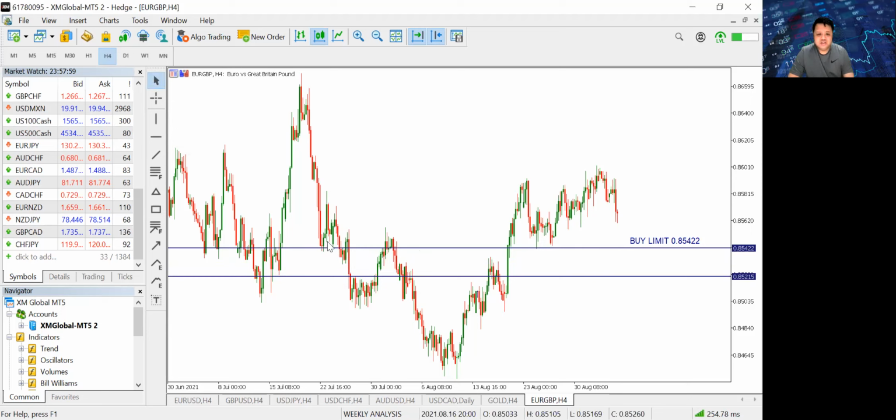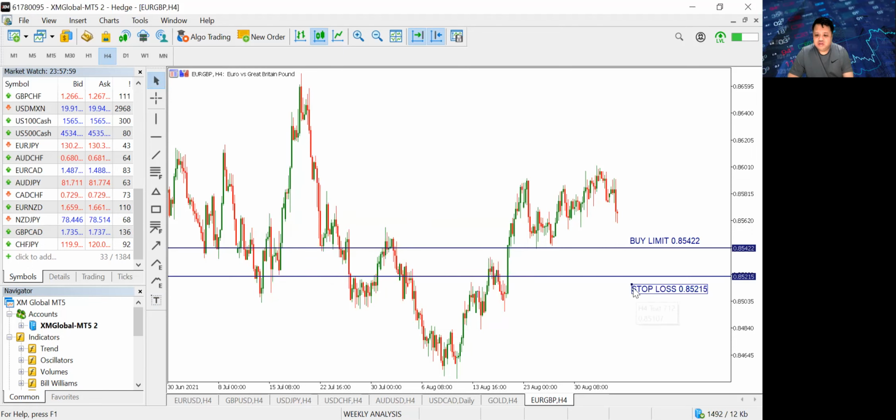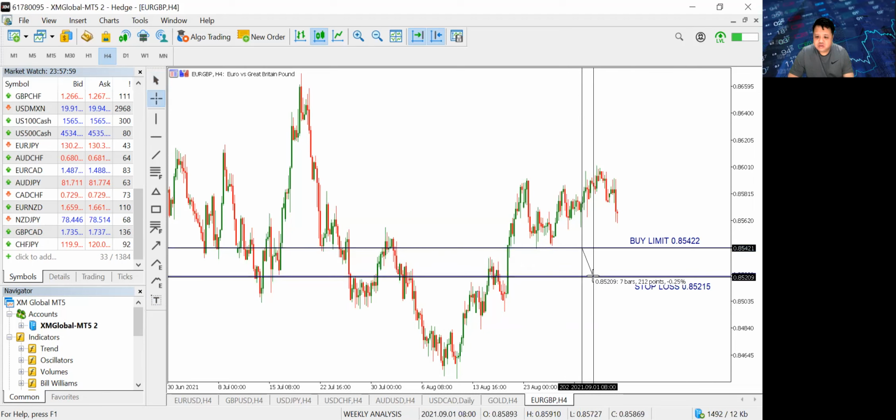Okay? So ito ang gagawin mong stop loss. Ideal stop loss. 0.85215. Okay, now let's check the pips. It's more or less 20 pips. 209 points.